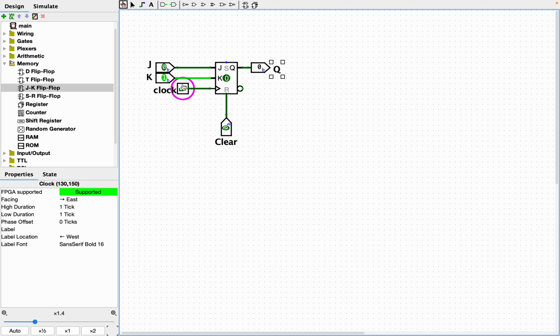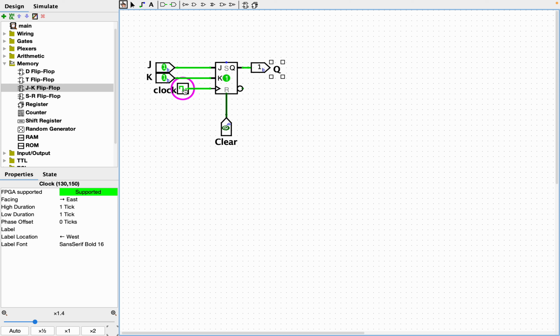And then when J is 1 and K is 0, Q should equal 1. We'll see that here. Yep. So now Q is equal to 1, and that's in the set mode. And then when J is 1 and K is 1, it's in toggle mode, and so Q changes state each clock impulse. So we'll change that to 1, and we see it change from 0 to 1.